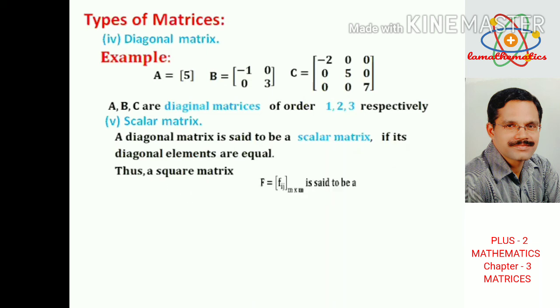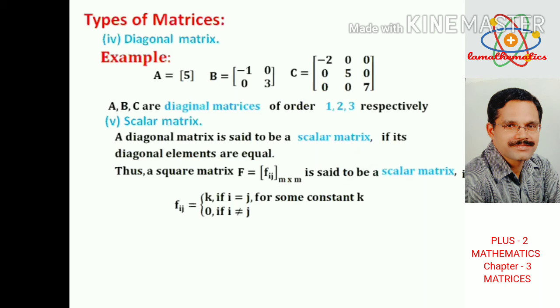Thus, a square matrix capital F equal to Fij m by m is said to be a scalar matrix if Fij equal to k if i equal to j, for some constant k, and Fij equal to 0 if i not equal to j. അതായത് ഒരു ഡയഗണൽ മാട്രിക്സ് സ്ക്വയർ മാട്രിക്സ് ആവുന്നത് ഡയഗണൽ എലമെന്റ്സ് ആർ ഈക്വൽ.